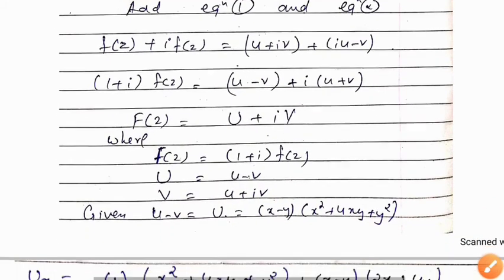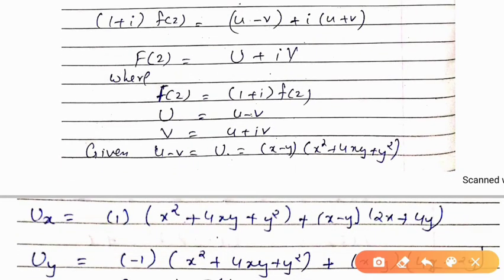Our next step is to consider this whole term as capital F of z. This we take as capital U and the rest we take as capital V. So our new function is capital F of z equal to capital U plus i capital V.